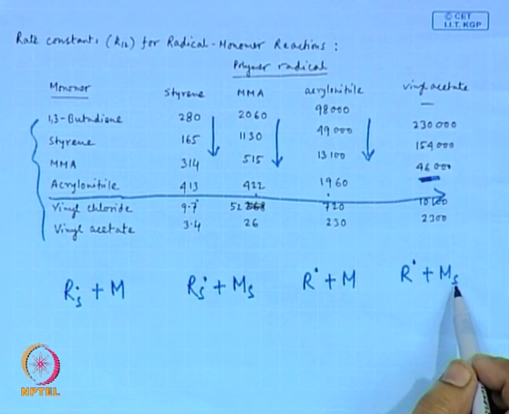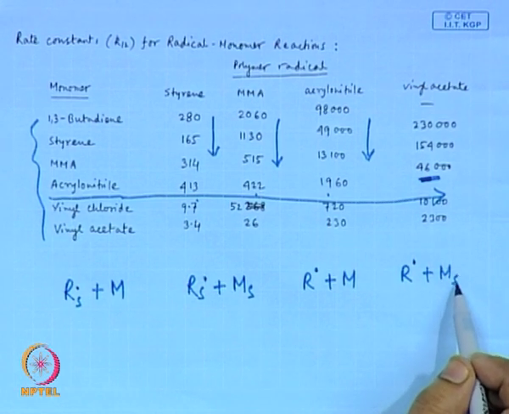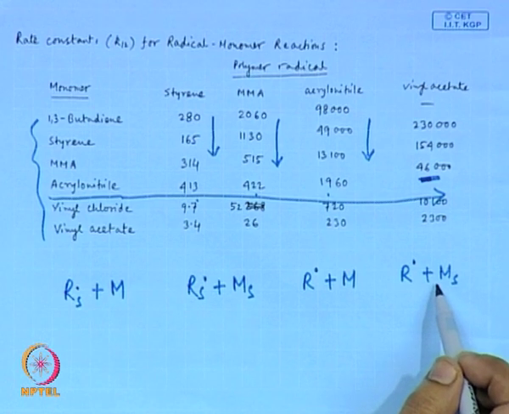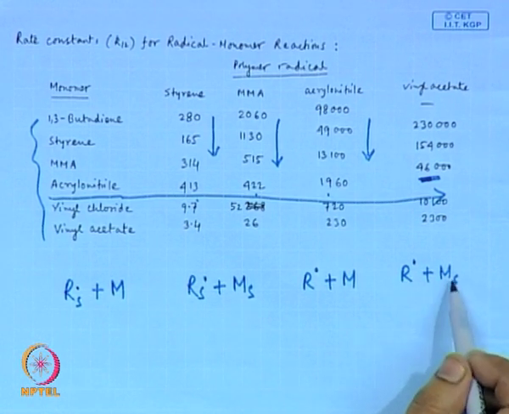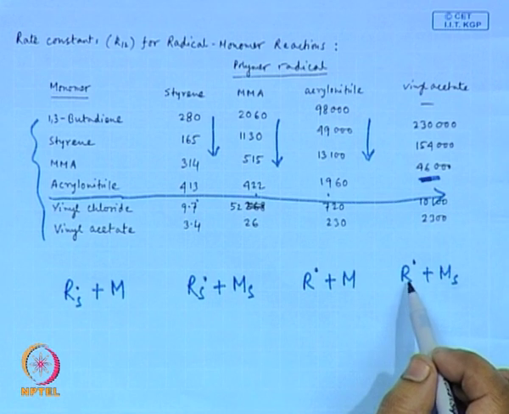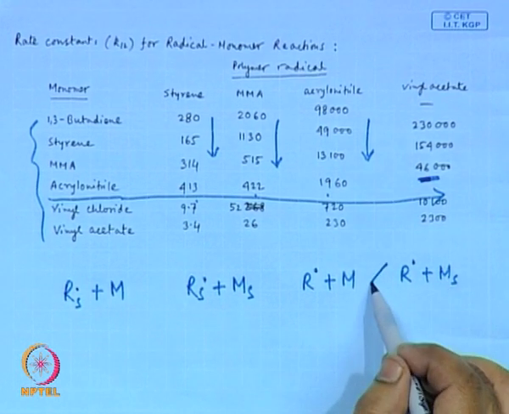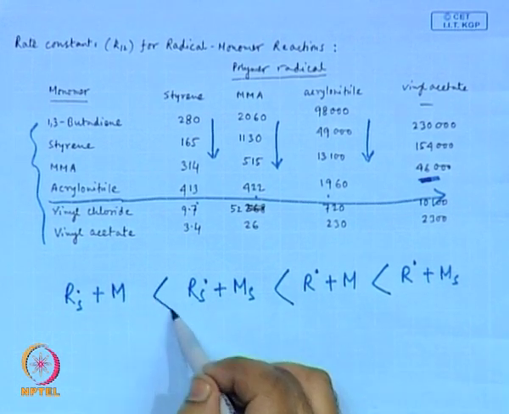Now, in this case you have the highest reactivity. A stabilized monomer will have more reactivity towards a particular radical, and radicals which are unstabilized will have higher reactivity towards a particular monomer. So, the reactivity order would be this.